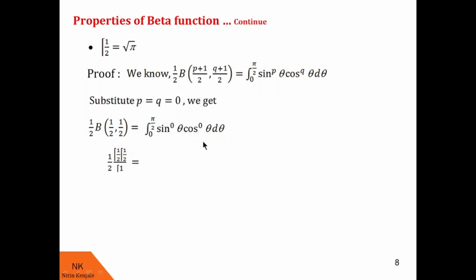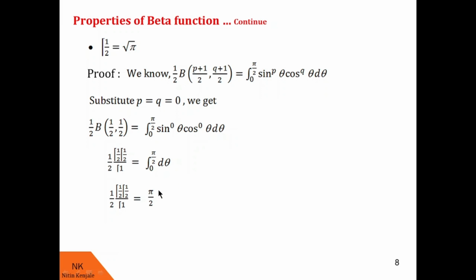Whereas this RHS can be written as integral of d theta over the limit 0 to pi by 2. Next we evaluate this RHS integral. We get value of the integral is theta over the limit 0 to pi by 2. After substituting those limits, we get only pi by 2 on the right hand side.